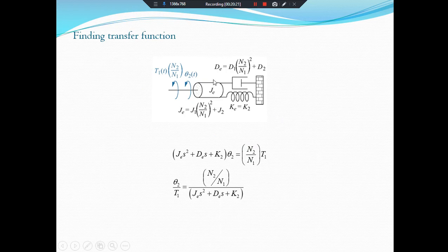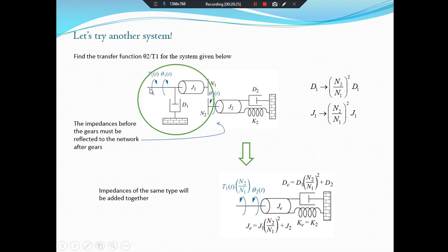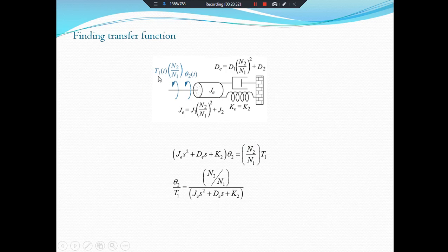Now this will be the equivalent diagram. Look at this, it's moving in the clockwise direction and the source will be moving in the anti-clockwise direction. We also shift the torque as we have done in the last example.